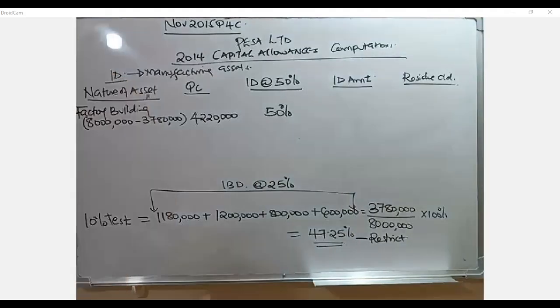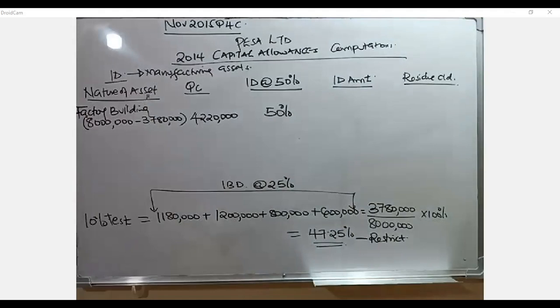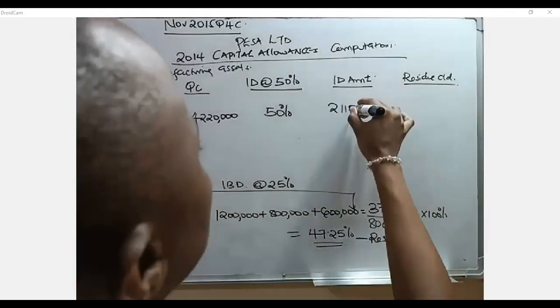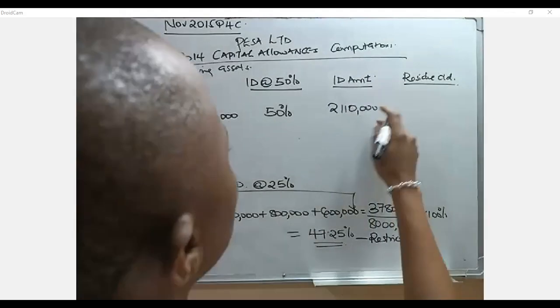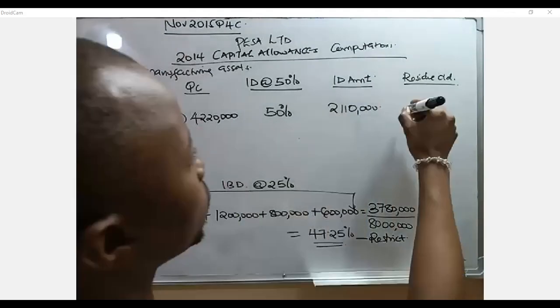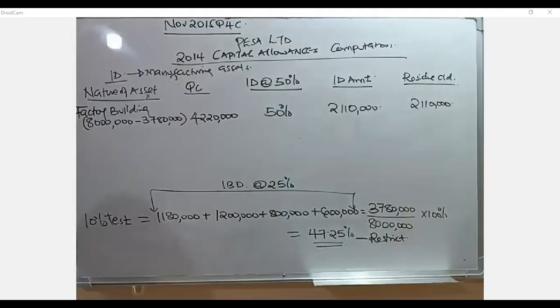So the ID amount will be the qualifying cost multiplied by 50%. The residue will be the qualifying cost minus your ID amount. That is how I will do the factory building. Then I will be able to proceed.